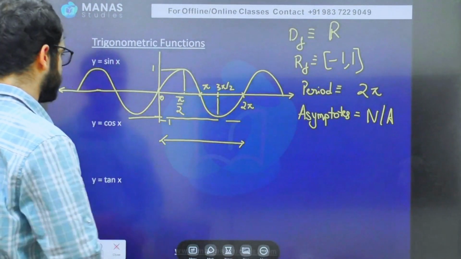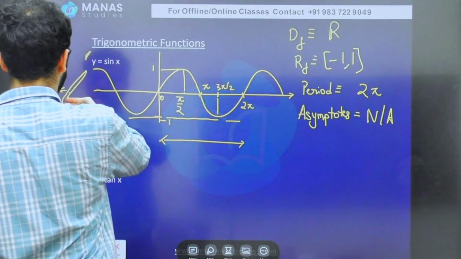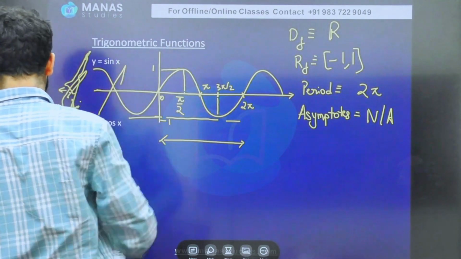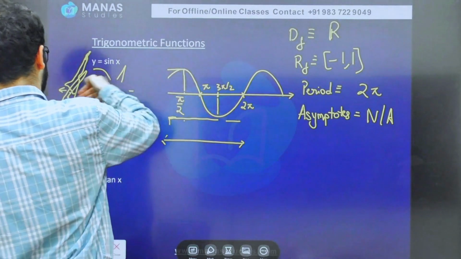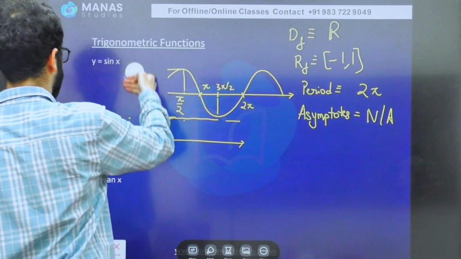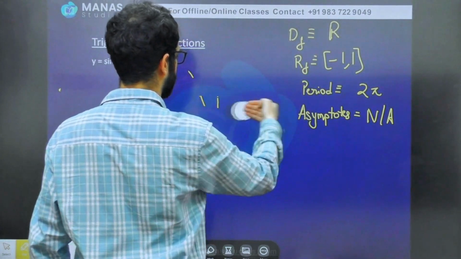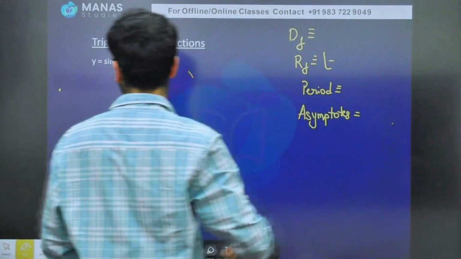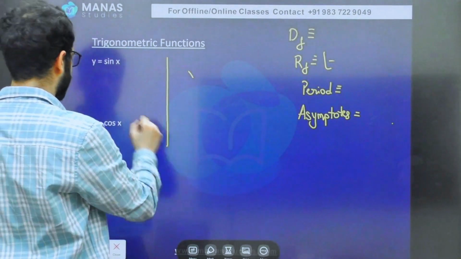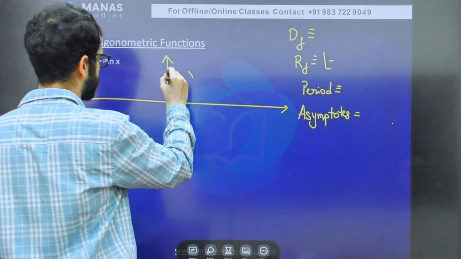Now let's look at another graph, which will be of cos x. If we have to draw the graph of y equals cos x, then the graph would look like this.